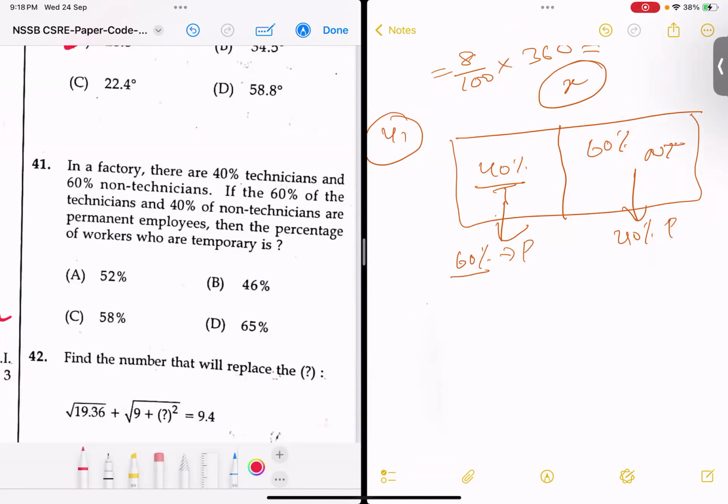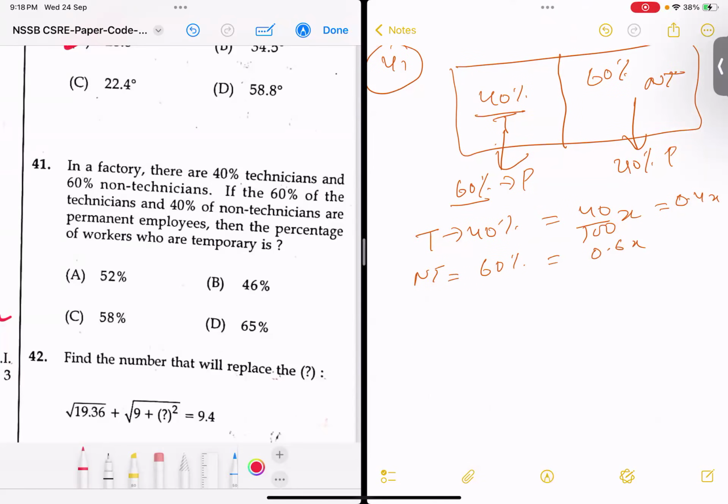So technician is 40%, right? So it will be 40 by 100 x, which is 0.4x. Non-technician is 60%, so it will be 0.6x, right?